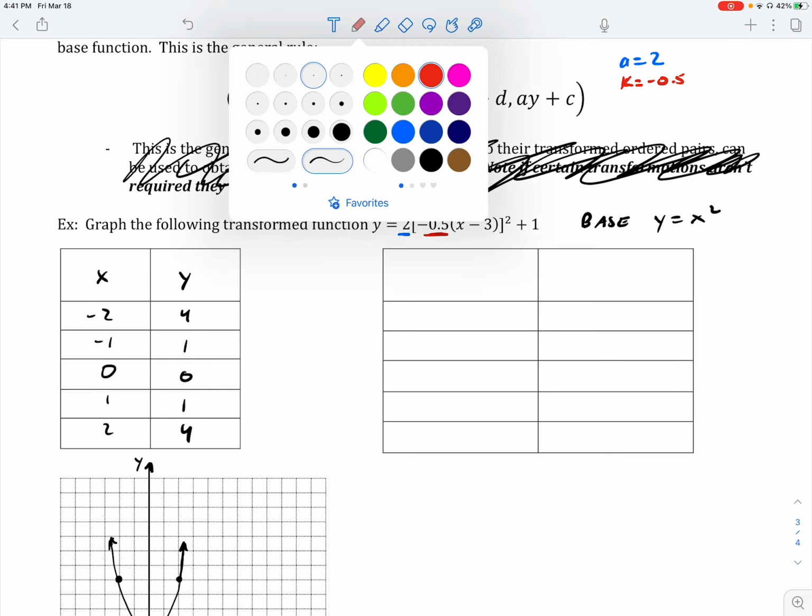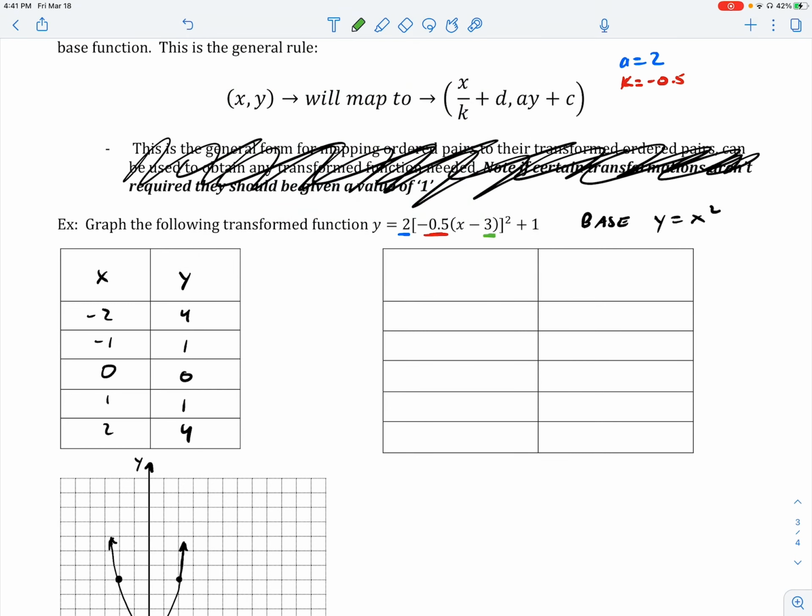And I can see that D is 3. I always make sure that K is factored outside of this bracket here. So we basically always need 2 sets of brackets. So D is 3 and C is 1.